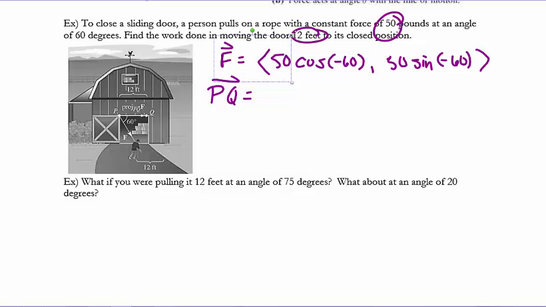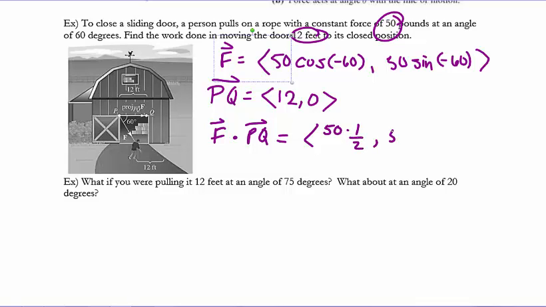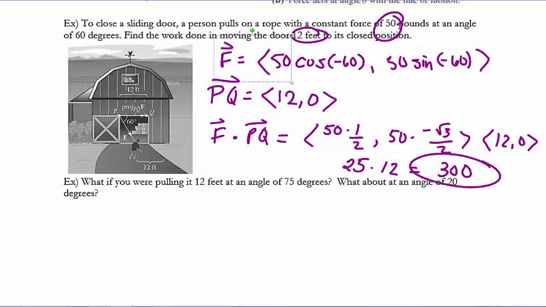How far? 12 feet. So if I go 12 feet to the right, that's 12, 0. So if I do F dot PQ, I get 50 cosine 60, which is 50 times 1/2, and then 50 sine 60, which is 50 times negative root 3 over 2, and I'm dotting that with 12, 0, so I get 25 times 12, which is 300. That's the work done.